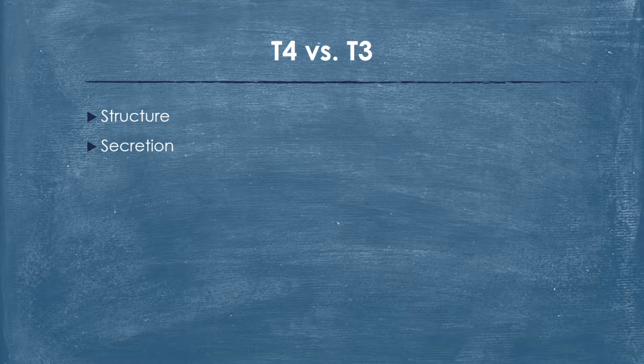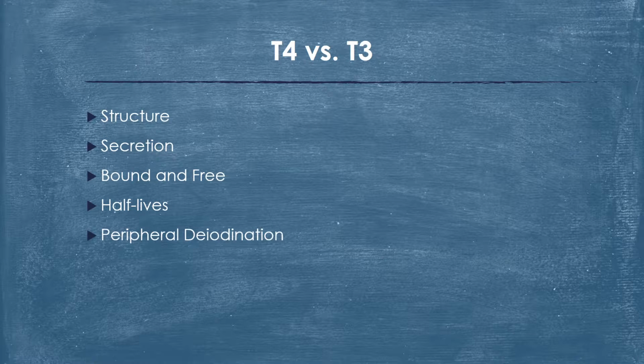Now I would like to talk about T4 versus T3, which is the thyroxine versus the triiodothyronine. I will talk about these in terms of structure, secretion, their bound and free states, half-lives, peripheral deiodination, and biological activity.